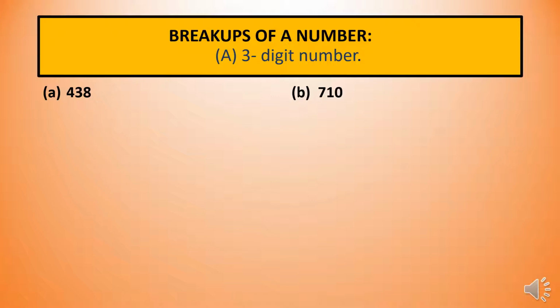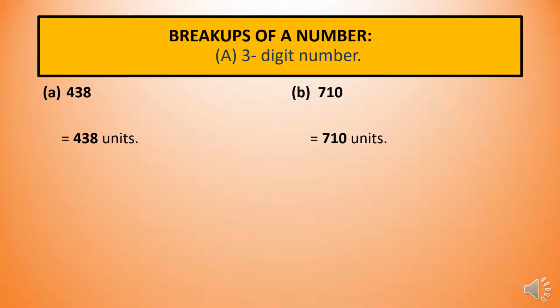The first step is that we have to write the entire number in its units place. So the first part goes as 438 units. And the second number, it is 710 units. Now we have written the units place. After units comes the tens place.